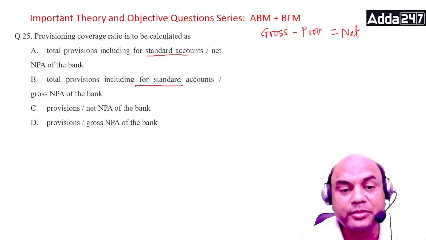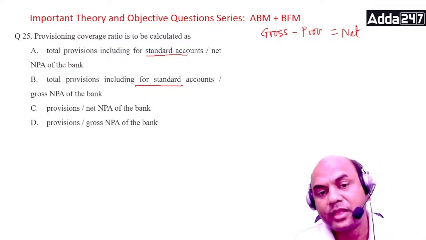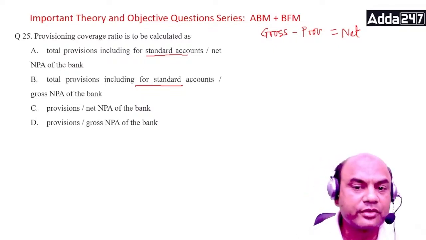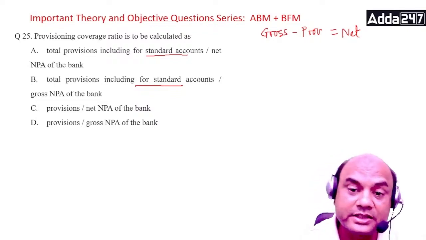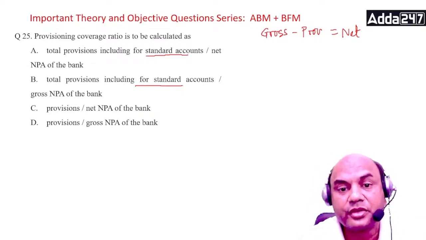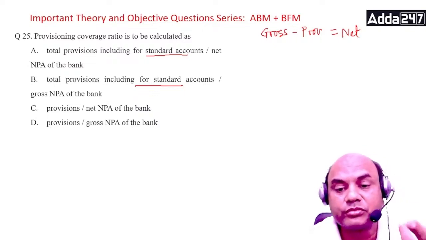Now this provision means what? See here specifically it's mentioned including gross standard accounts. Now you tell me the provision for the standard accounts. Whenever we make the provision for the standard accounts, I have taken this earlier in one of the lectures. So provision for standard accounts, where do we put it?